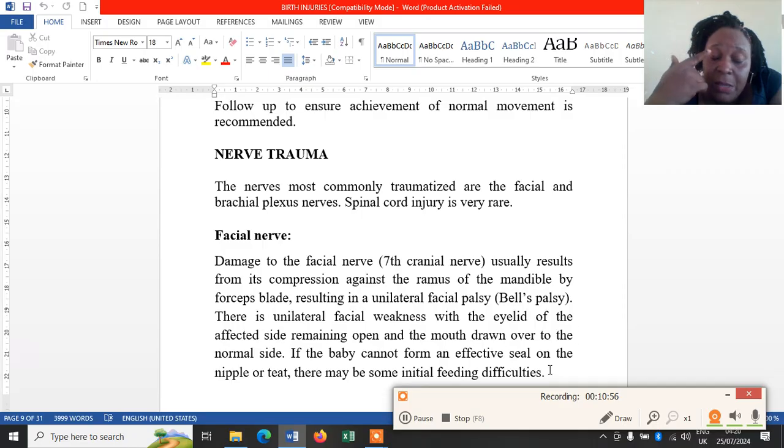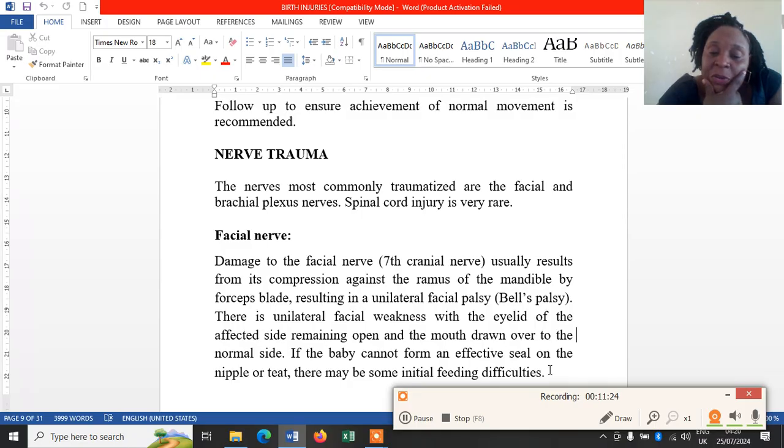So the baby may fail to close the eyes on the affected side. And then the mouth, that very side, will be drawn to the normal side. I'm assuming that the right side is affected, the eye is remaining open, and this mouth, this side which is injured, will be drawn to the normal side.